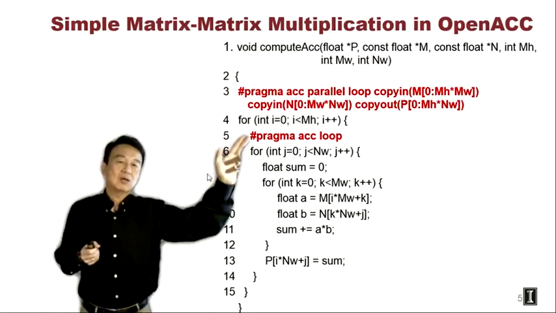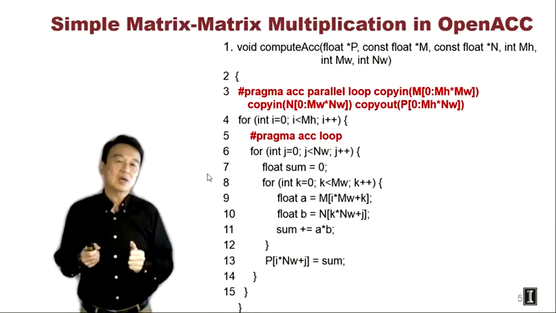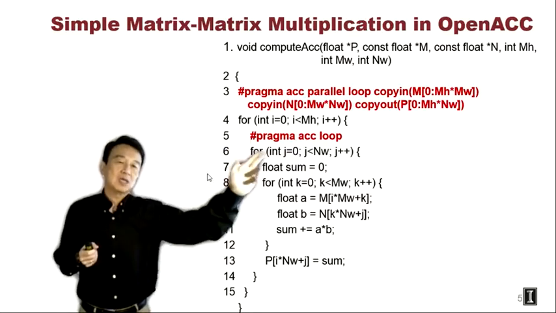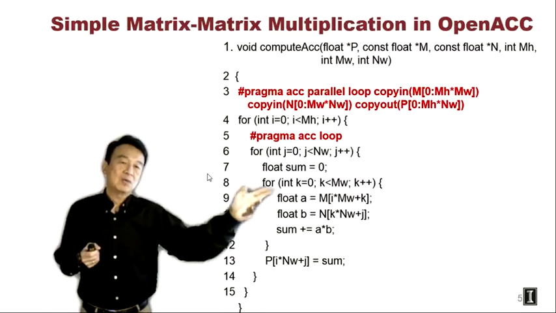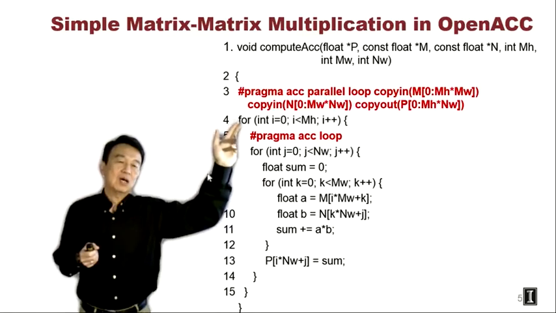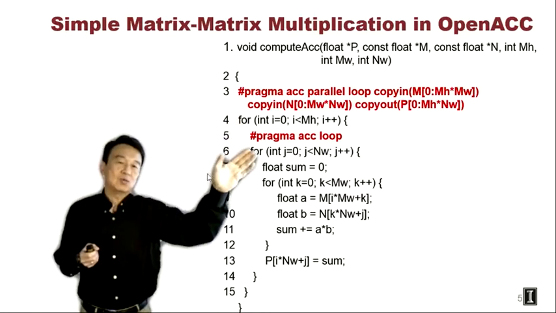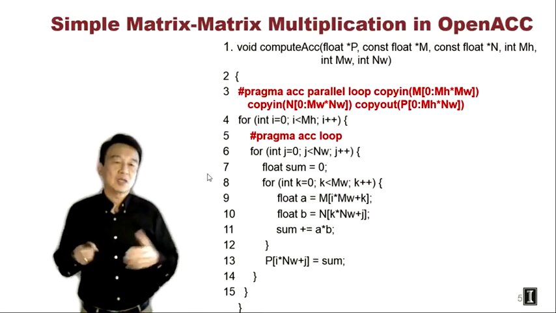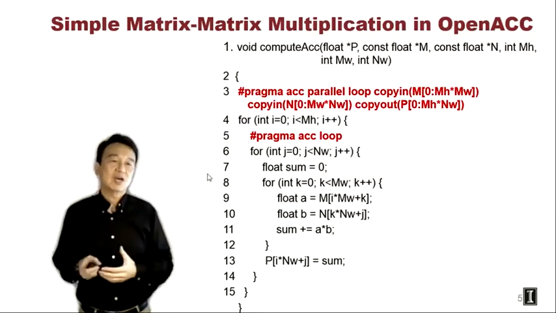So here we see a second pragma, and this pragma says the following loop should be executed in parallel. And because we have already covered the data copy in the outer loop, we don't need to repeat that in the inner loop. The data should be already on the device.